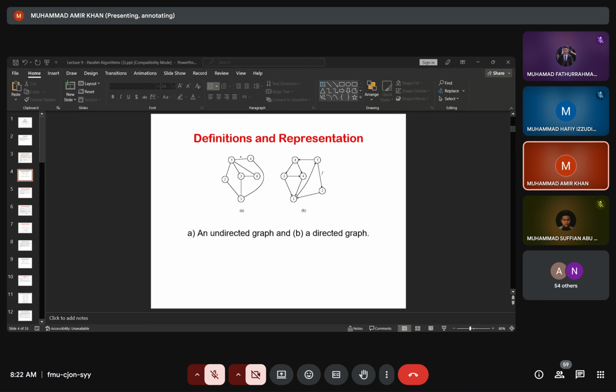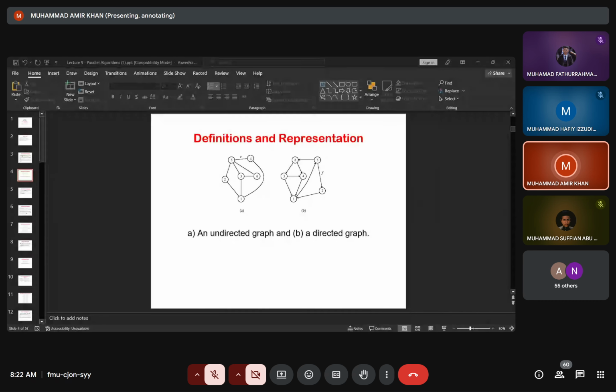This is an undirected graph. And what about a directed graph, which has direction? An edge is ordered: A to B means A goes to B, but not vice versa. B does not go to A, just because of direction. For example, a Twitter follower network, where A follows B, but that doesn't mean B follows A. This graph is a directed graph.